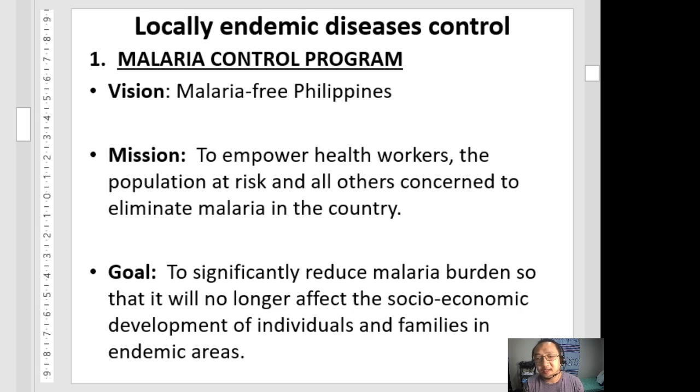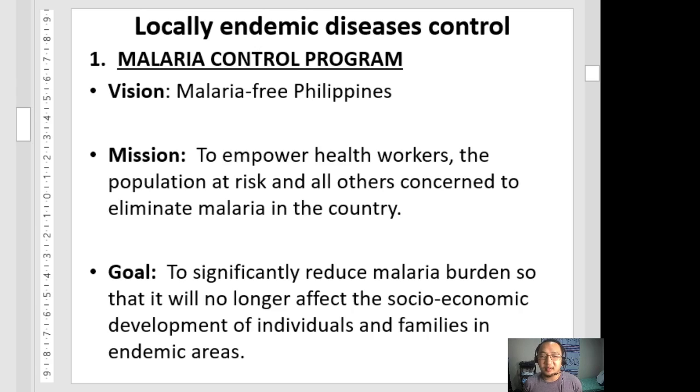So as you can understand or observe in the statement, it focuses on the burden brought by malaria, not only physically, mentally, or emotionally, but also the socioeconomic aspect of a family, of a person, or the larger community. Because as seen by the department, the ones who are usually having the cases are poor families.